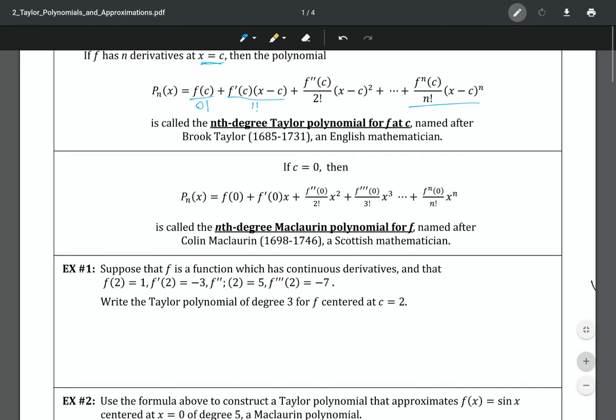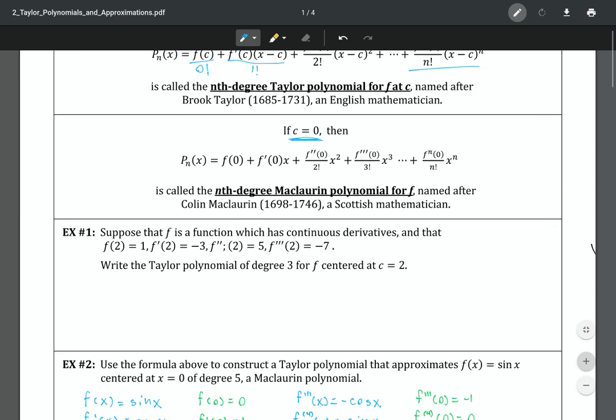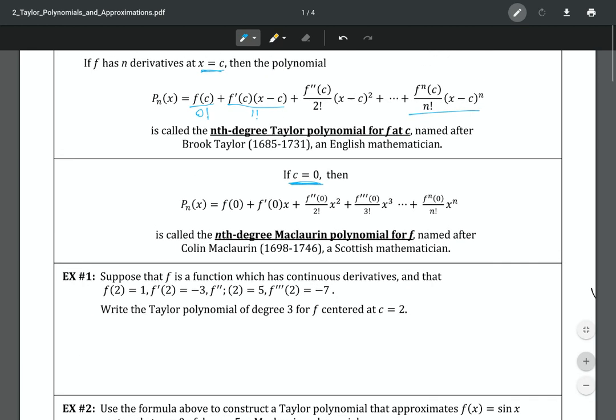Now, if c is equal to 0, and this is the important part, because a lot of the times they don't actually tell you that c is equal to 0. They just tell you to use the Maclaurin polynomial to approximate a function. Well, when they do that, they automatically are telling you where the function is going to be centered, which is 0. Notice that these two functions are very similar, except for this one, they just plugged in c is equal to 0.